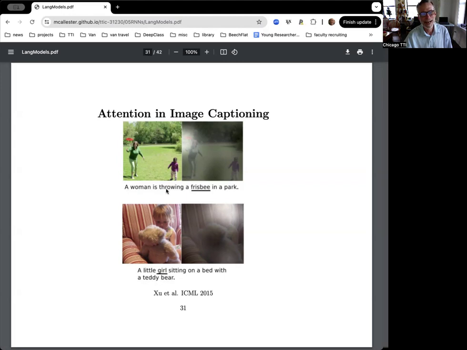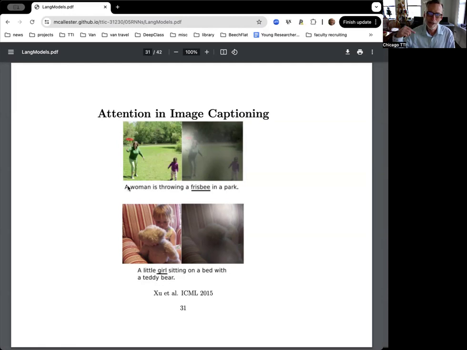So in image captioning, given an image, we want to write the caption for an image. We can think of this as an input-output pair. So we're given an image and we're outputting a sentence. So we're minimizing the log probability of the output sentence, the caption, given the image.